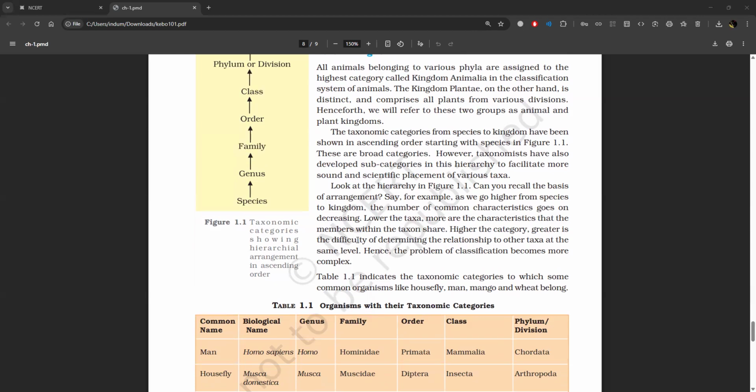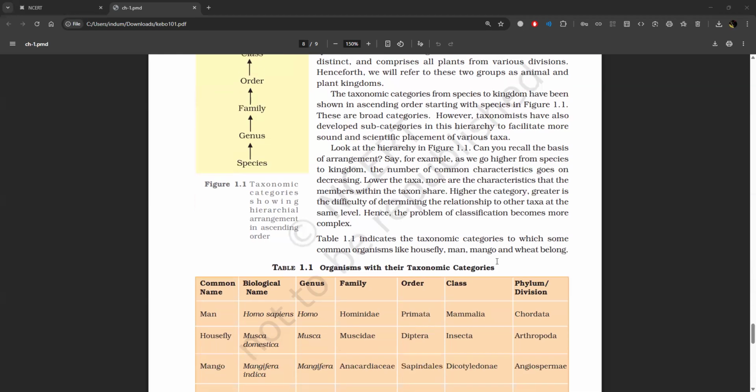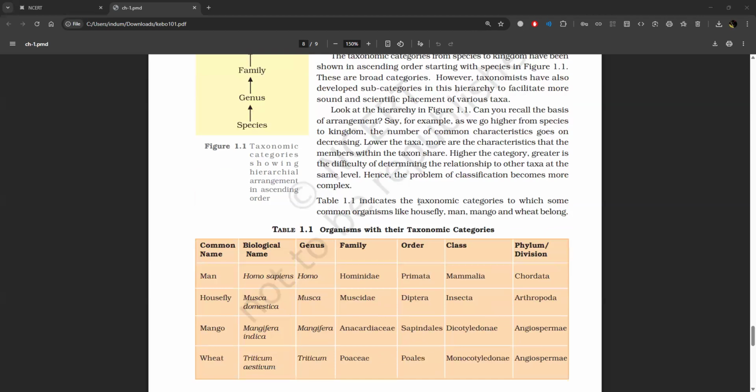The taxonomic categories from species to kingdom have been shown in ascending order starting with species in figure 1.1. These are broad categories. However, taxonomists have also developed subcategories in this hierarchy to facilitate more sound and scientific placement of various taxa. Look at the hierarchy in figure 1.1. Can you recall the basis of arrangement? Say, for example, if we go higher from species to kingdom, the number of common characteristics goes on decreasing.